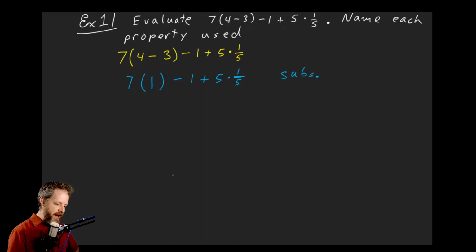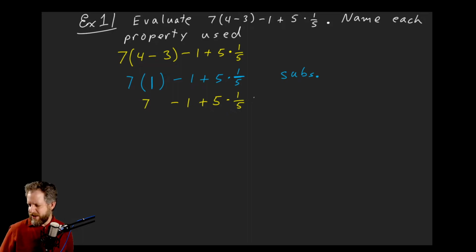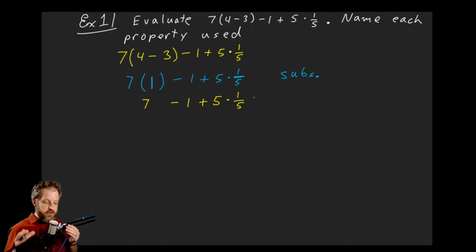All right, what are we going to do next? Well, we're going to do our multiplication from left to right. So 7 times 1 equals 7. We're going to bring down what we haven't touched, over 5. Now, what property is that? Which property did we use to get from one to the other? Well, this time you could make a case that we also use substitution, but because this is another specific property, we're going to call it that.